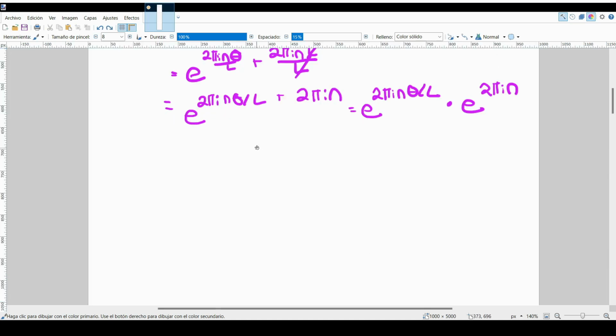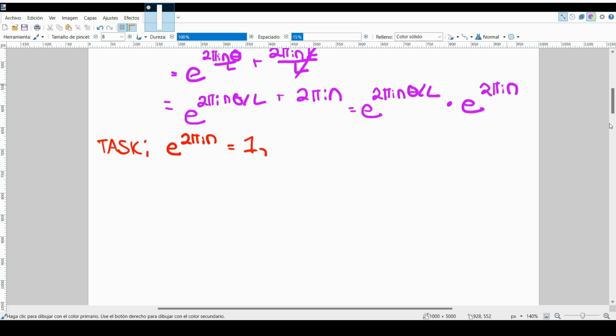As established, this product term on the left is equal to f theta. Now this term on the right of the product, we don't know what that is, but if it's equal to 1, then the product collectively is going to equal f theta. So we want to show now that e to the power of 2 pi I n equals 1.